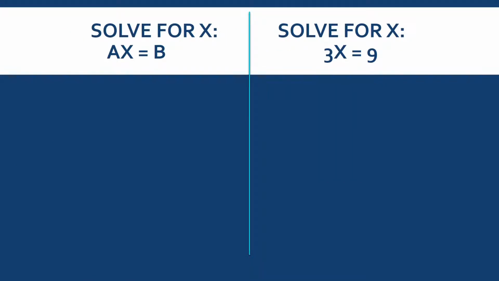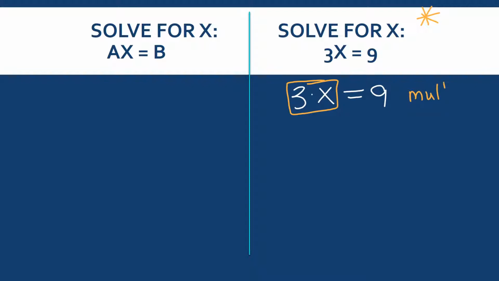So I first wanted to start by looking at something we know and then compare it to what a literal equation is. If you look over here on the right, it says solve for x, and that's something we've seen before. We want to take that equation, which is 3 times x equals 9, and solve it to get x by itself. We look where the x is, which is attached to the 3, and we see that it's being multiplied.